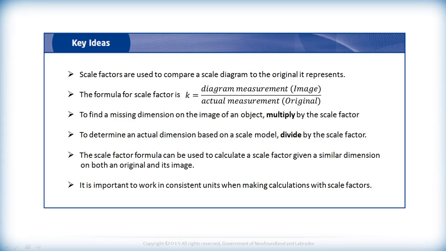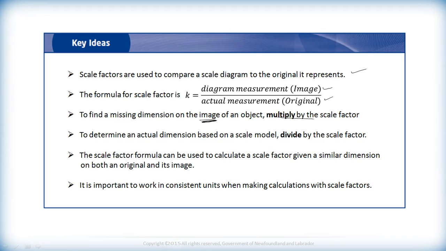Hope that's clear. So remember, scale factors are used to compare a scale diagram to the original it represents. The formula for scale factor is diagram measurement, or image, over actual measurement, original. To find a missing dimension, multiply by the scale factor. If the dimension is on the image, that's the one that we saw.